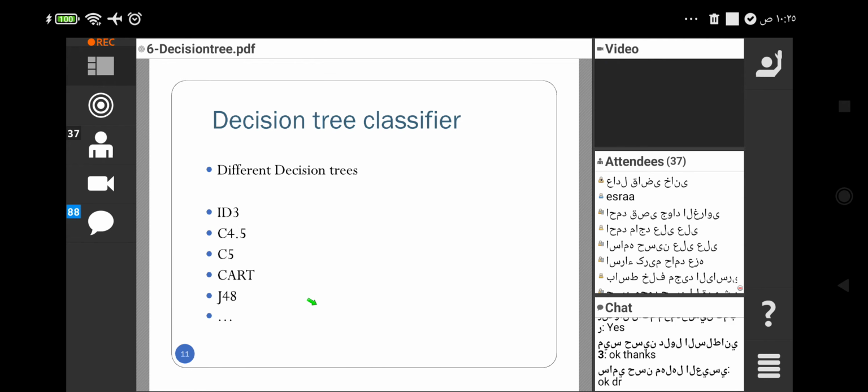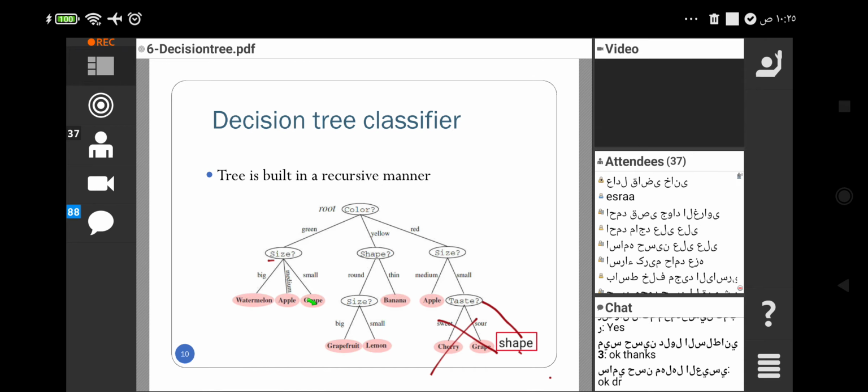One of the most important advantages of the decision tree is that we could use it in data where the features are categorical. Categorical means the features are not numbers; they are string values.